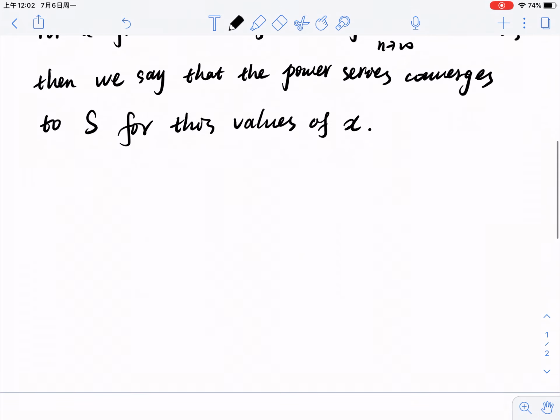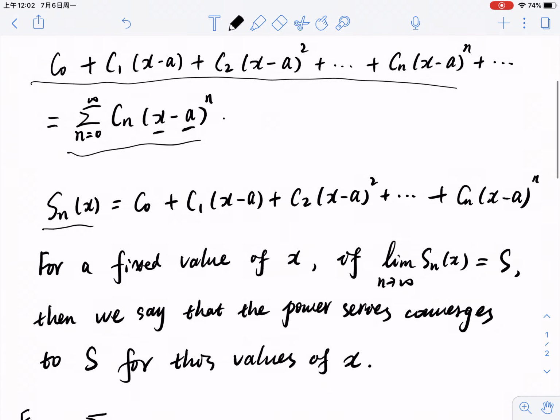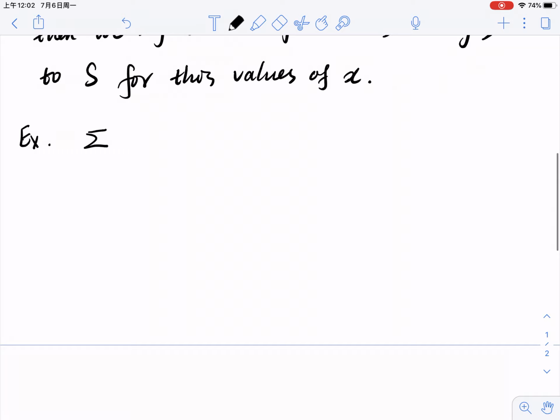Now we look at an example. We look at this power series, the sum of (x minus 1)^n over 2^n, with n from 0 to infinity.